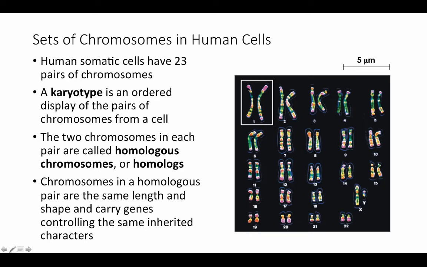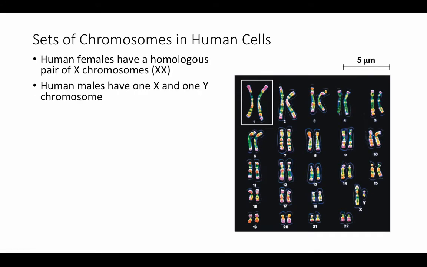And each member of this homologous pair of chromosomes is going to have the same genes on it in the same locations. So it's going to have the same set of loci, the locations where particular genes are found, and they're going to have two copies of the same gene on each of these homologous chromosomes.